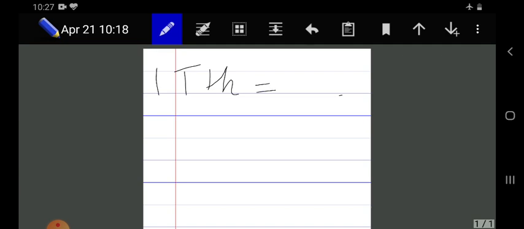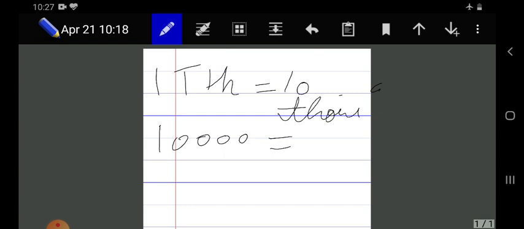10,000 is equal to 10 thousands. How many zeros are in 10,000? 4 zeros are there.